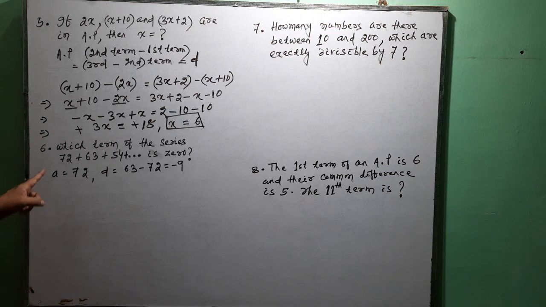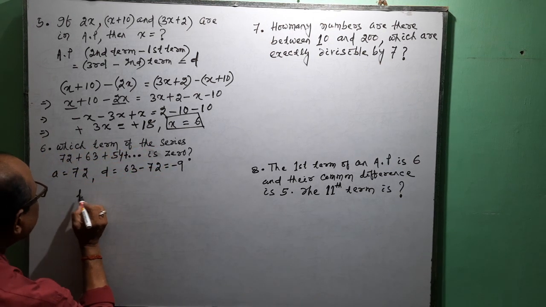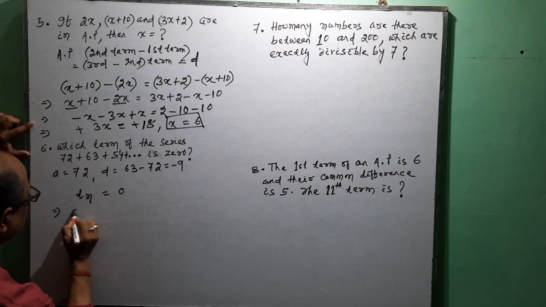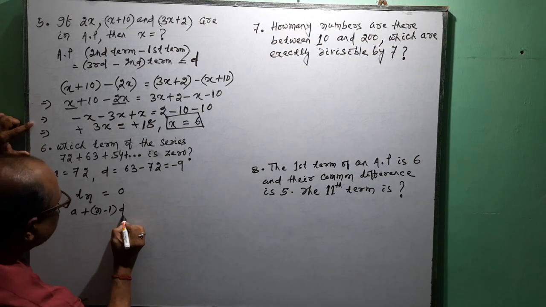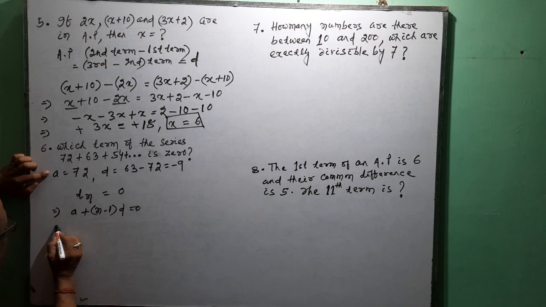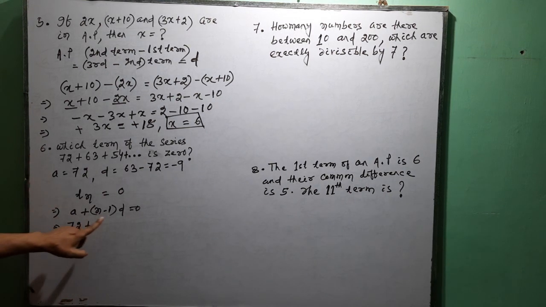The question asks which term is 0, so Tn is equal to 0. The formula for Tn is A plus n minus 1 whole into D is equal to 0, with A equal to 72.